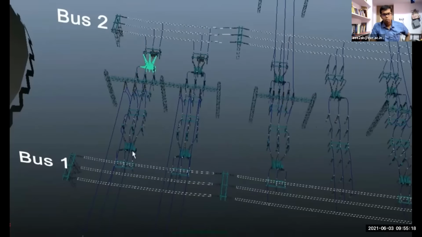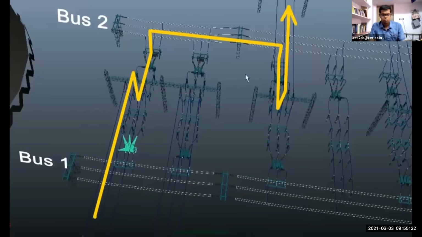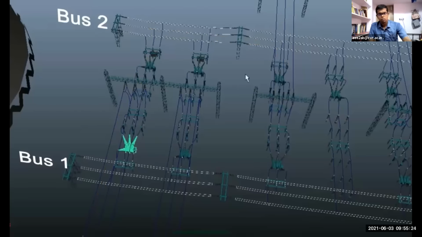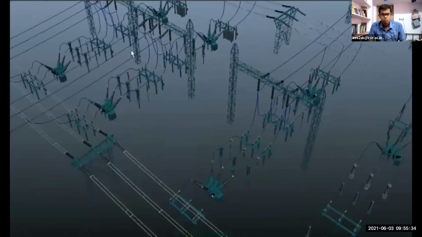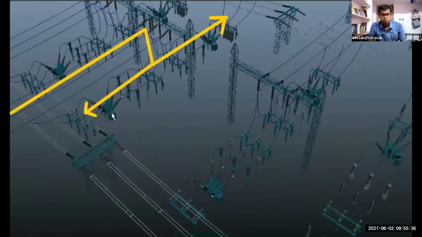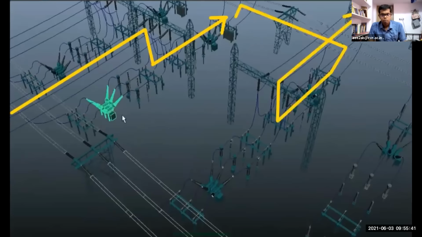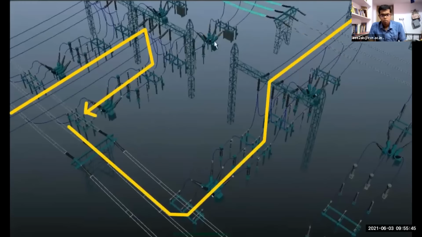Suppose this breaker gets off, then the power will continue from bus 2, so the continuity will remain. It will never happen that our supply will completely stop. The same thing is applicable in the case of the other incoming line, which is coming from the other transformer. If this breaker gets off, the power supply will continue from here, and if this one is off, then it will go from here.